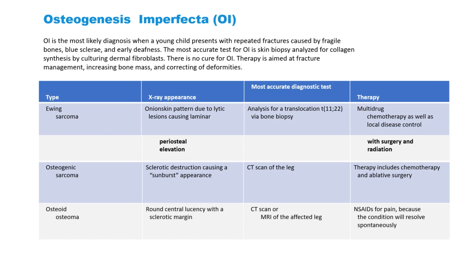Ewing sarcoma. On X-ray, we see an onion skin pattern due to lytic lesions causing laminar periosteal elevation. The most accurate test is analysis for translocation of T(11;22) via bone biopsy.